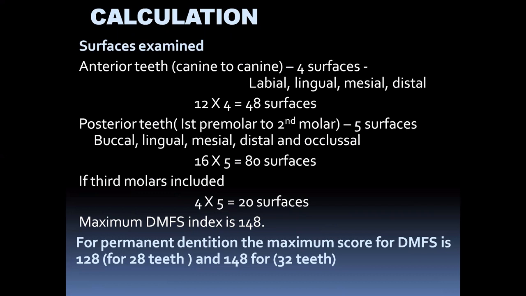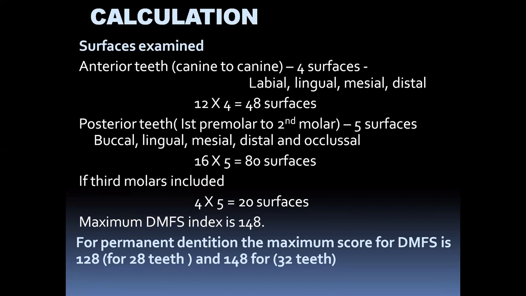For posterior teeth, we have 8 in the maxillary compartment and 8 in the lower compartment, with 5 surfaces each, as I told you. So that comes out to be 80 surfaces. If third molars are also included, we have 4 third molars, and the surfaces come out to be 20. So the maximum DMFS score is 148, because we have 148 surfaces when we are taking the third molars also.